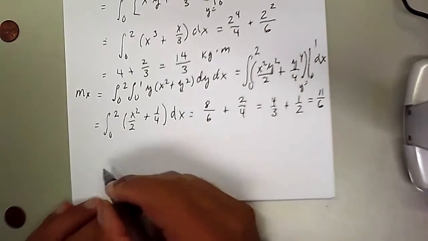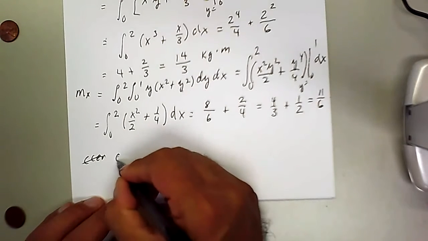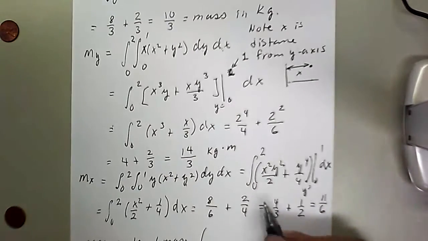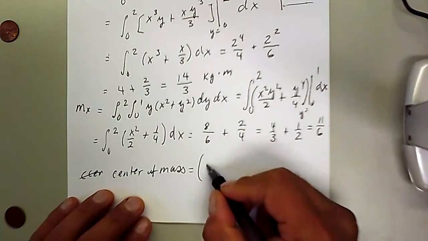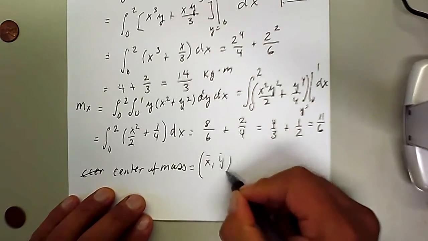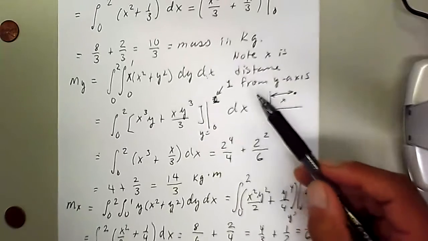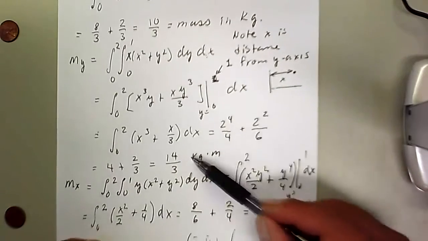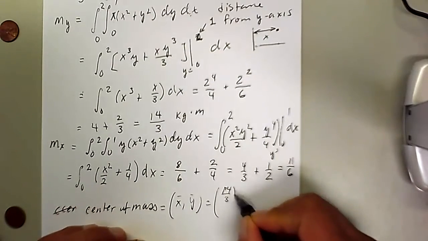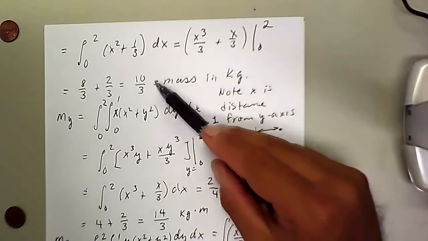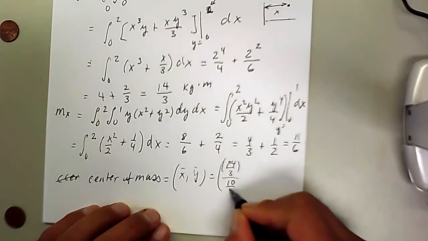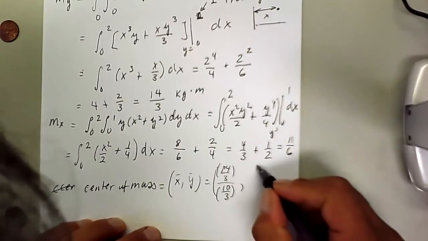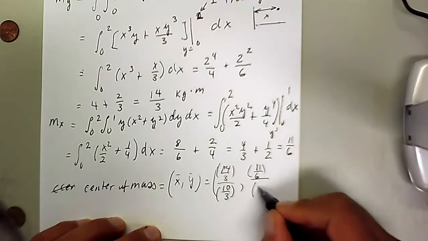All right, so what is the center of mass? Typically it is x bar, y bar. In this case, the way we find x bar is the moment from the y-axis, which is here, 14 over 3, divided by the mass, 10 over 3, comma, the moment with respect to the x-axis, which we just found, 11 over 6, over the same mass, 10 over 3.